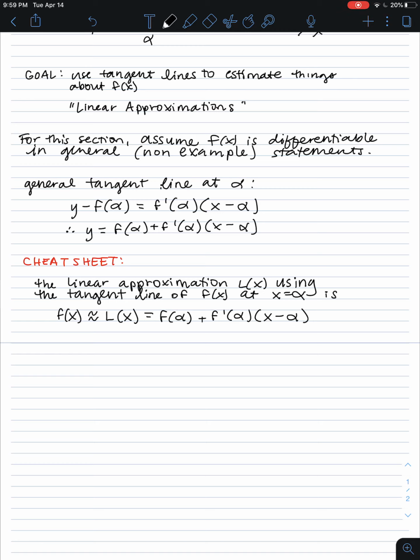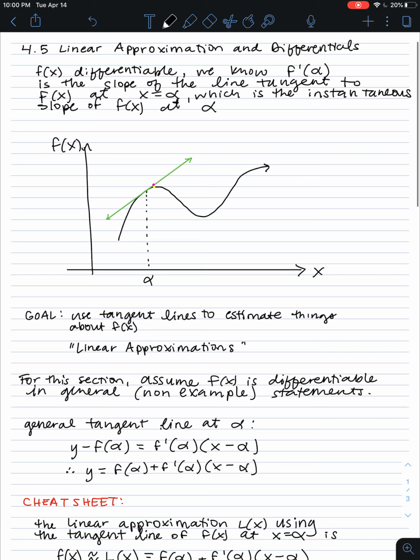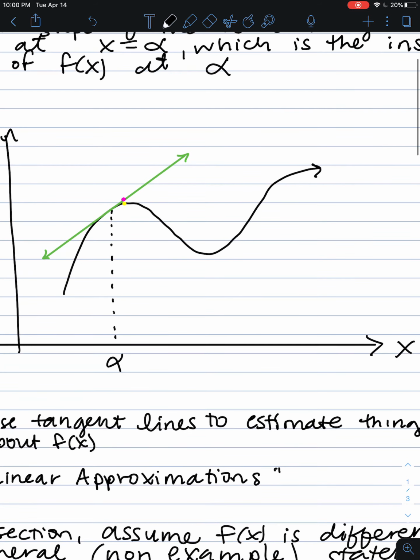And this is for x values near alpha, right? So if I look back at my first example, I couldn't really use this line to estimate a value over here because the difference is really big.